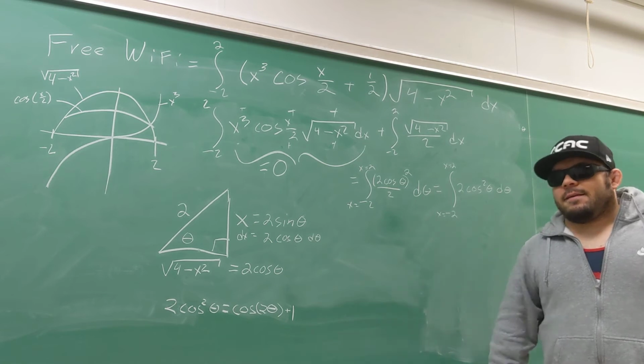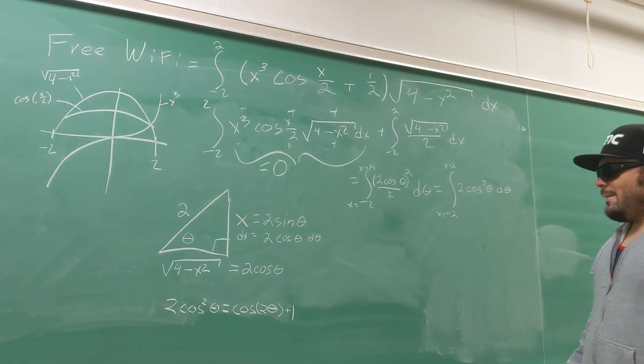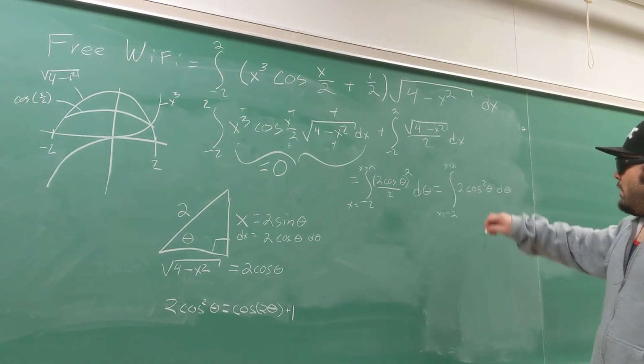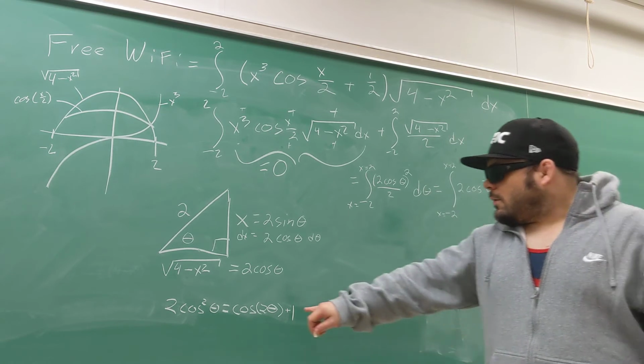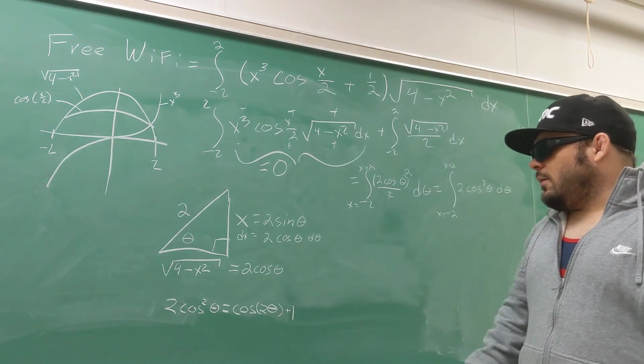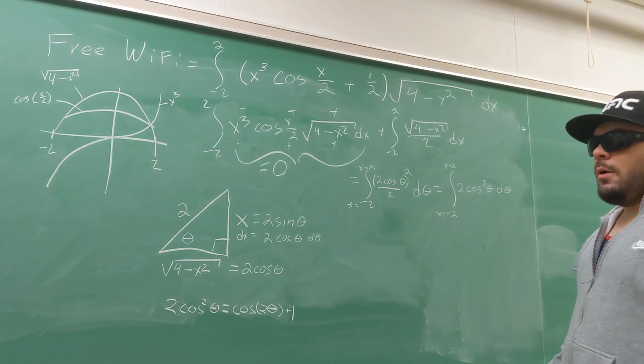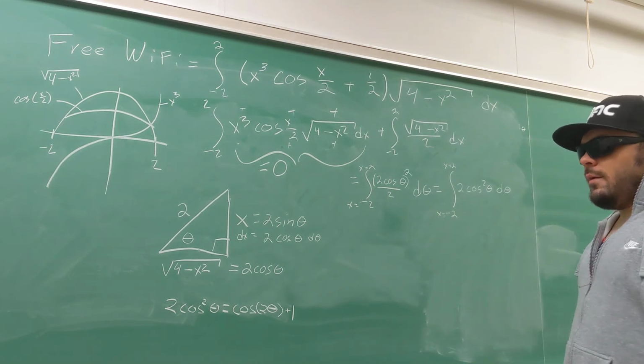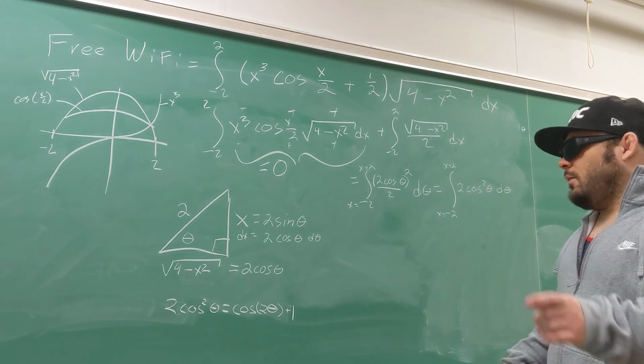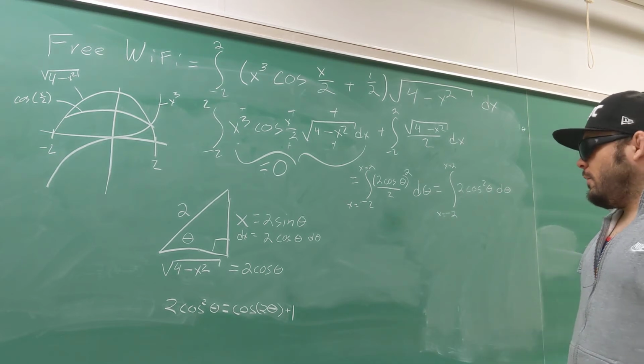I think. I hope so. Because cosine of 2 theta is cosine squared minus sine squared, or cosine squared plus sine squared. And you can use the other identities to figure all the other stuff out.